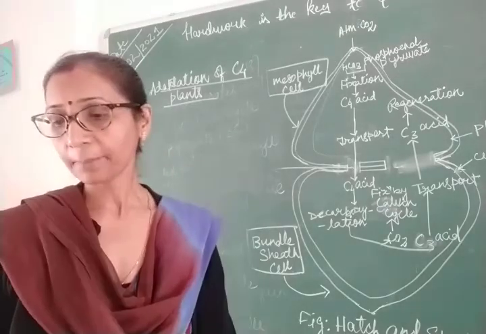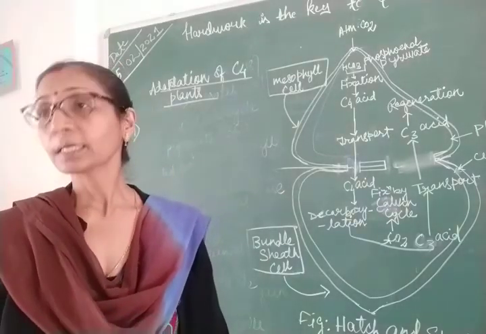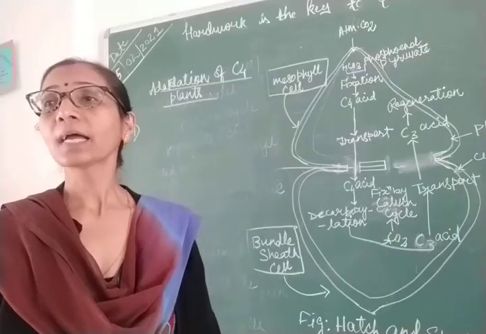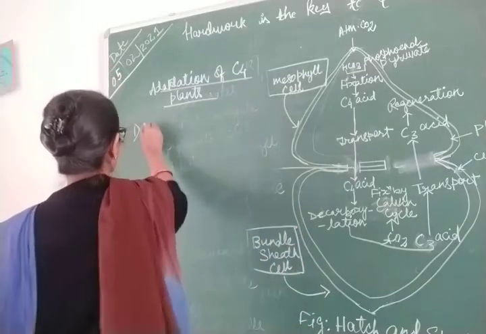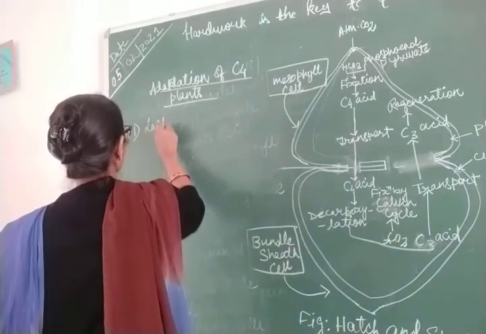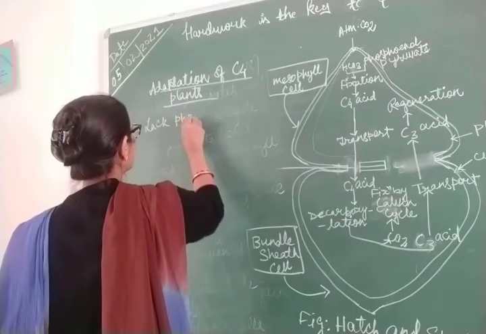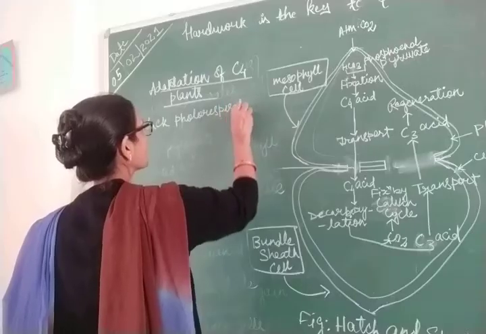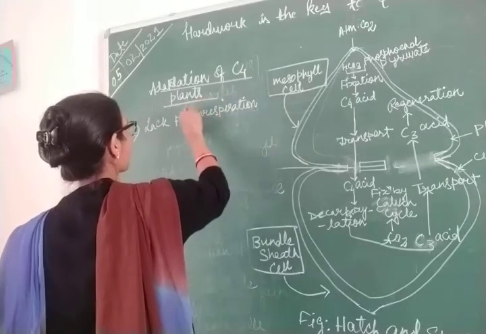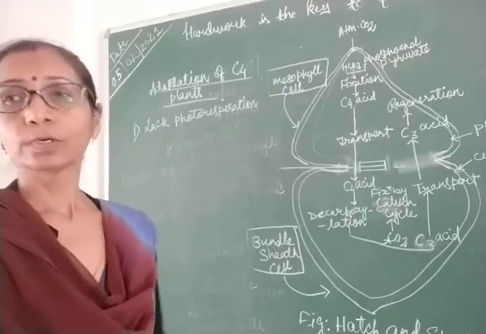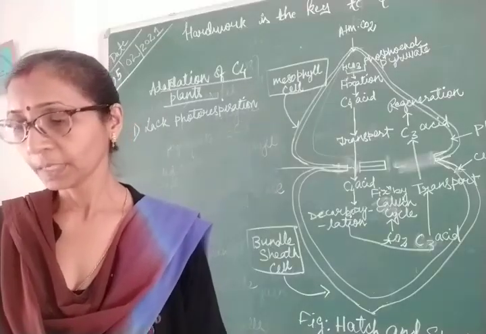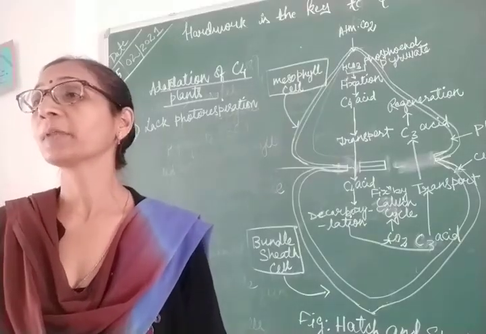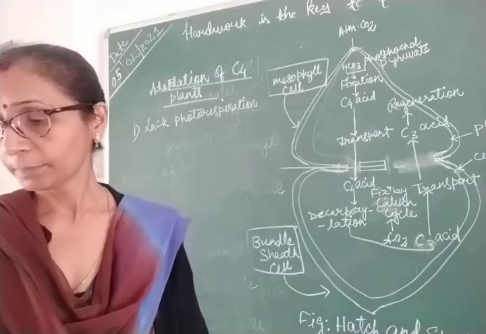The first adaptation is that C4 plants lack photorespiration, which means photorespiration does not take place in C4 plants.